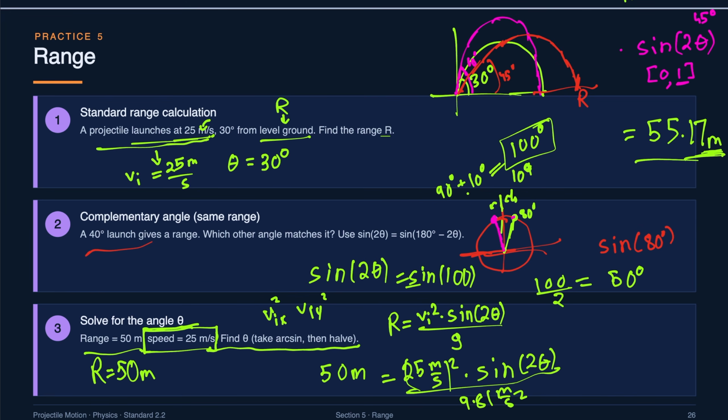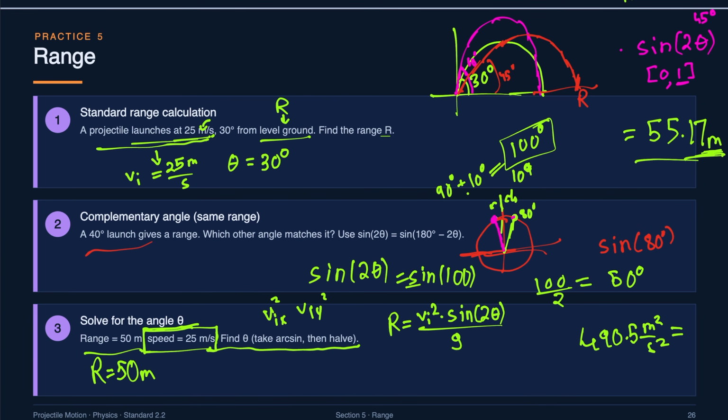So if I multiply the 9.81 out on both sides, I get 490.5 meters squared per second squared is equal to 25 squared, 25 meters per second squared, times sine 2 theta. Let me actually erase some of this to get more room.